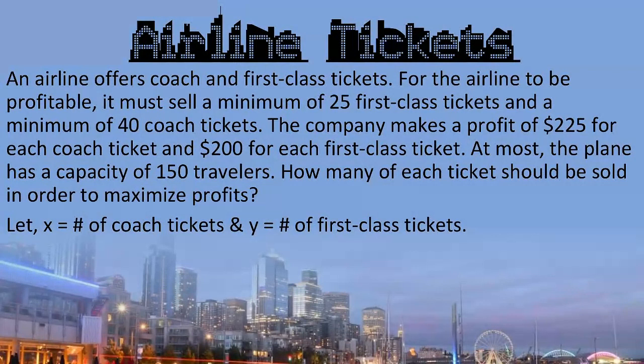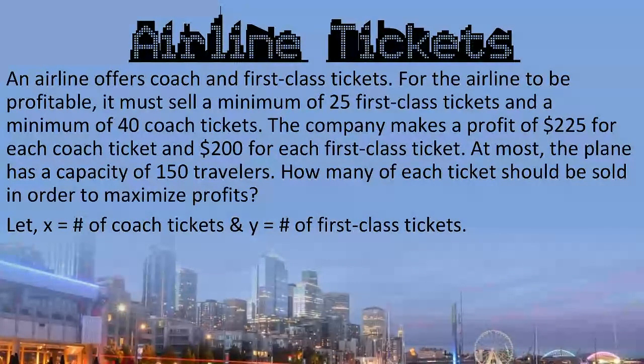So this is looking at when we have a word problem. An airline offers coach and first class tickets. For the airline to be profitable, it must sell a minimum of 25 first class tickets and a minimum of 40 coach tickets.